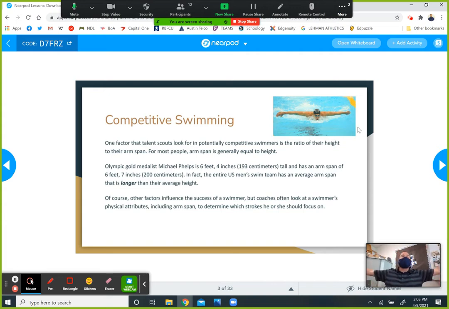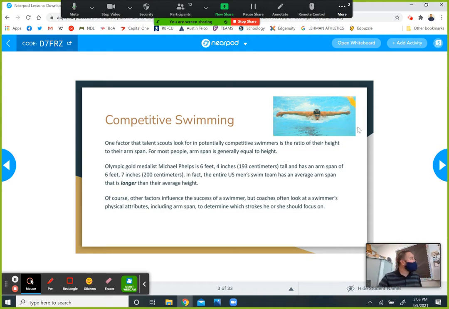Yeah, he's literally longer this way than he is tall. And for the most part, almost all of the U.S. men's swim team is like that. Swimmers, coaches look for people with long arm spans. Why? Because they can swim faster. They cover more of the water to make them swim faster, right? This is just a true fact.